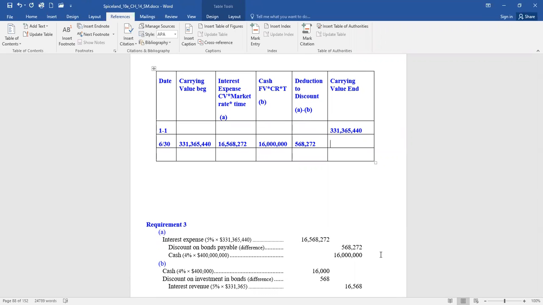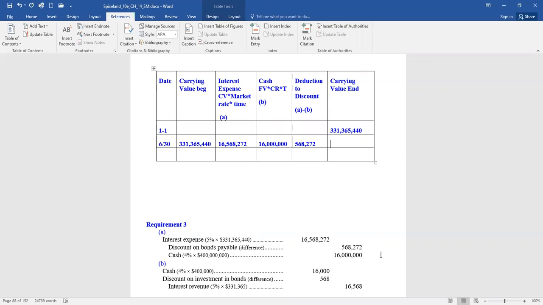I hate these big numbers, sorry. 68,634,560 minus 568,272. Now the balance of the discount account has decreased to 68,066,288. So what does that do to my carrying value? Well, now my carrying value will actually increase.